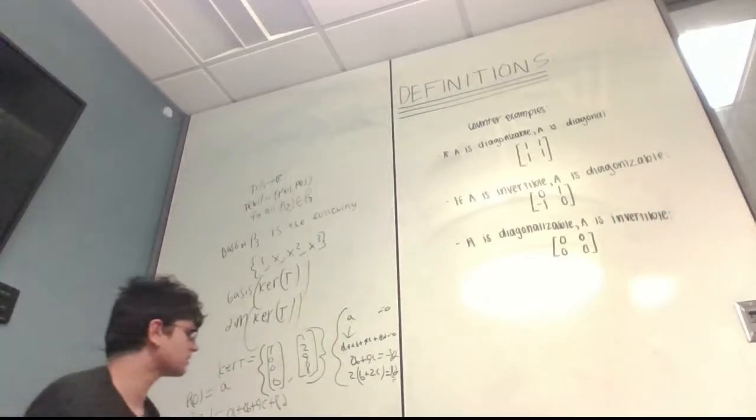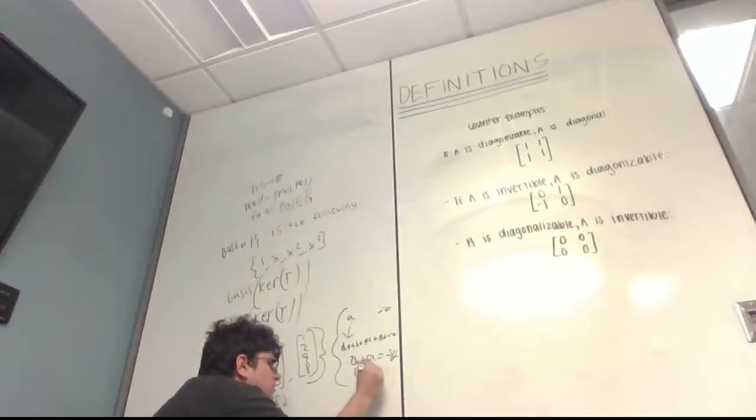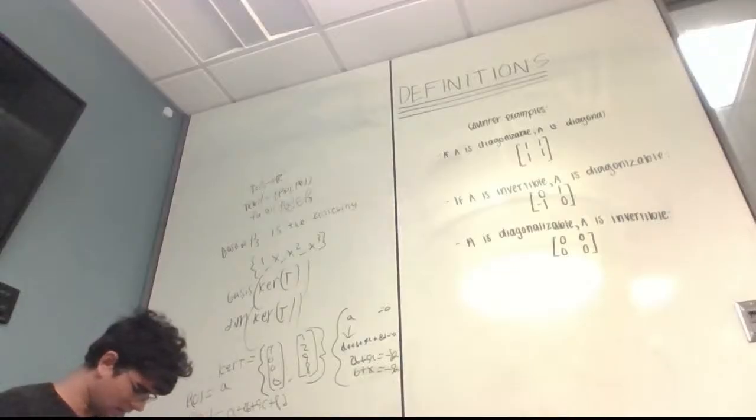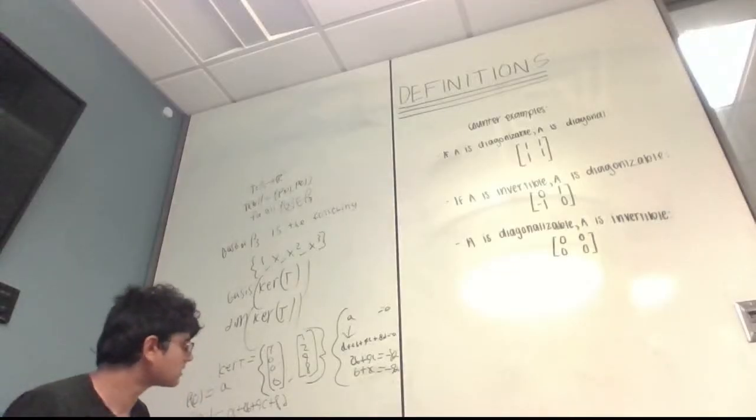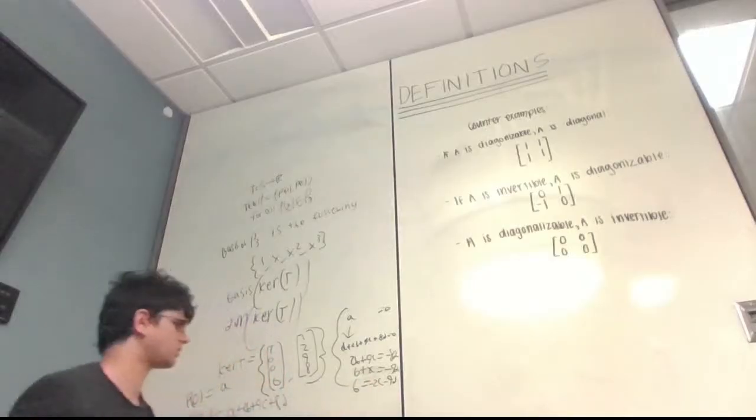Oh wait, we can divide both sides by 2. I'm stupid. So if we do that, we get b plus 2c equals negative 4d, which we can rearrange to become b equals negative 2c minus 4d.